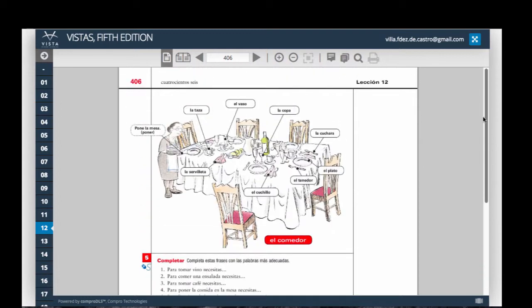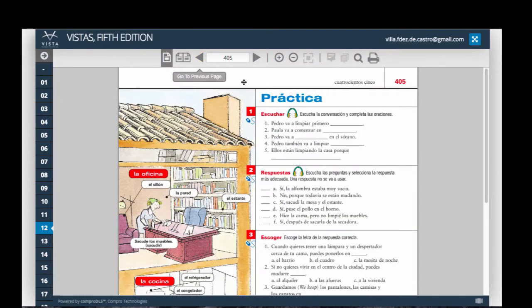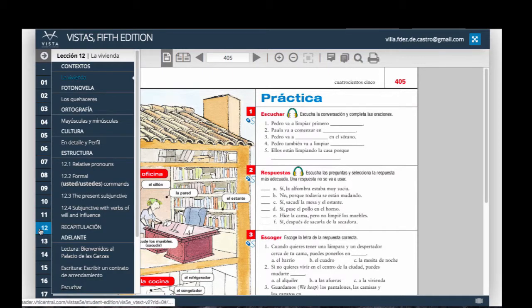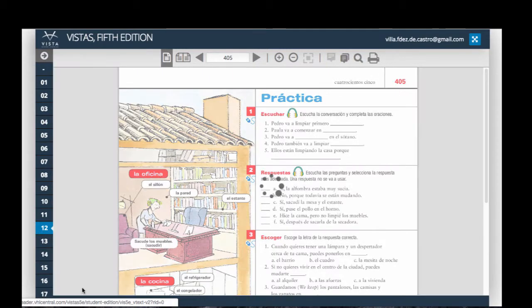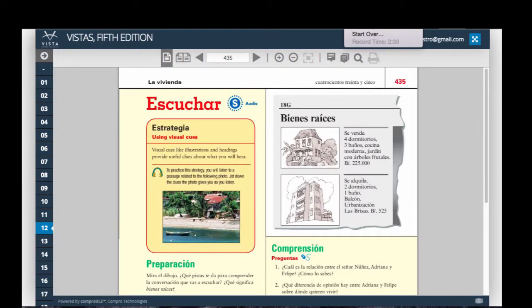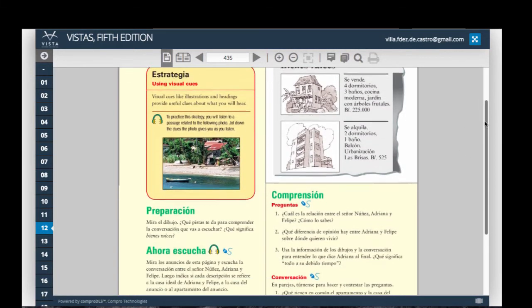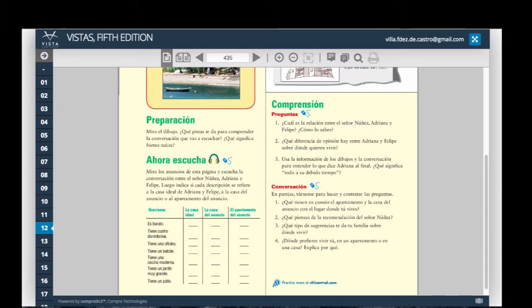So I was saying that contextos has some audio exercises that will help you prepare for the audio section of the test, as well as escuchar, like we've talked about before in previous study guides. It's another section that will help you to prepare for this test. This is the section escuchar, and it will help training your ear.